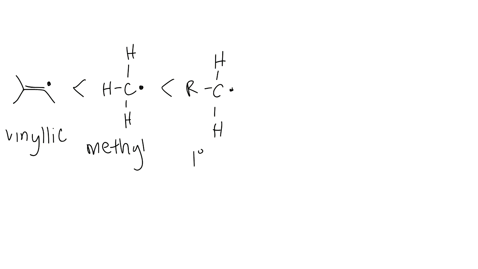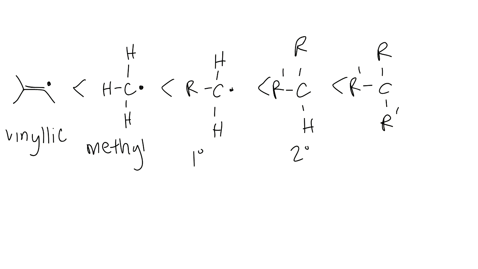Then obviously secondary comes next. So we have two groups. And so I just put R prime just to say that it could be a different R. It doesn't have to be the same R. And then obviously we can have tertiary. So R, R prime, and R double prime.